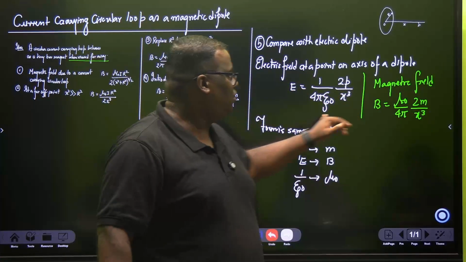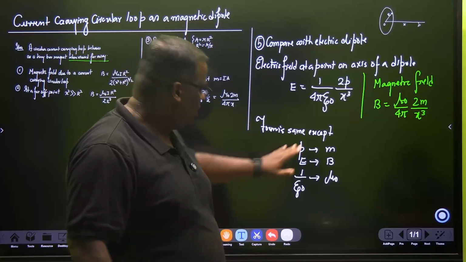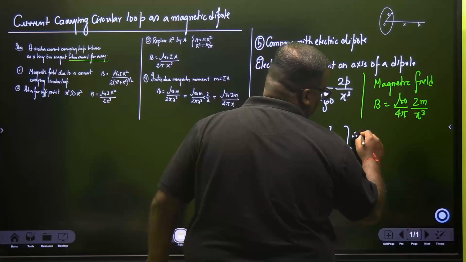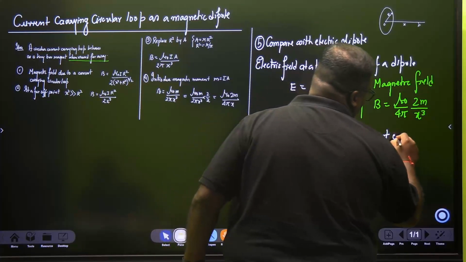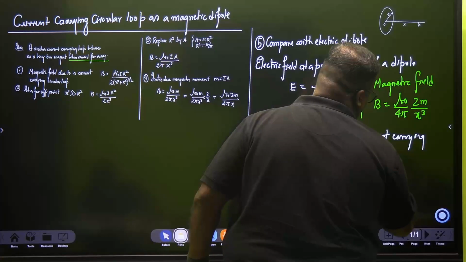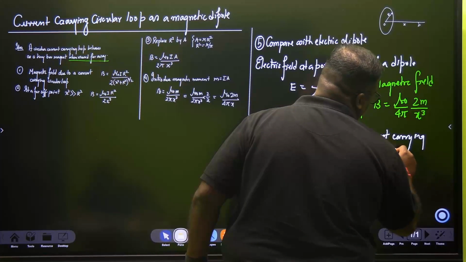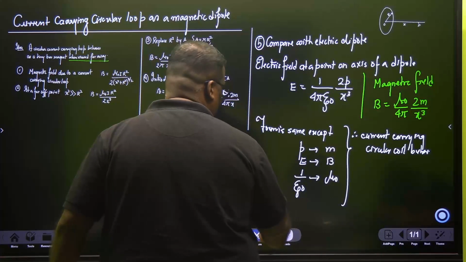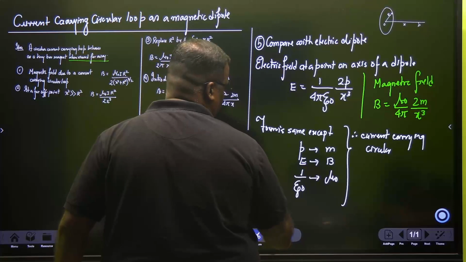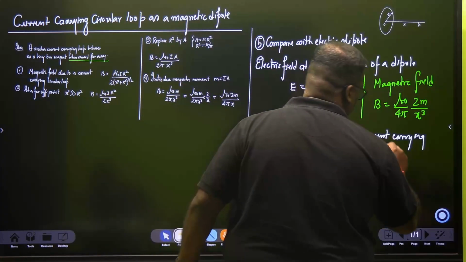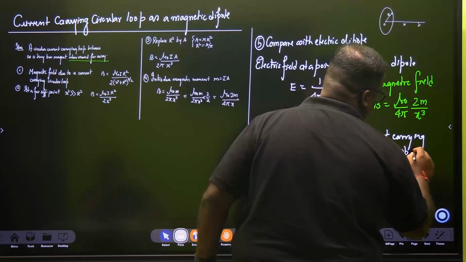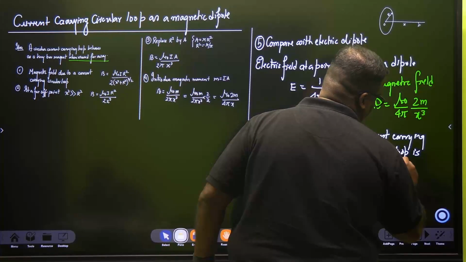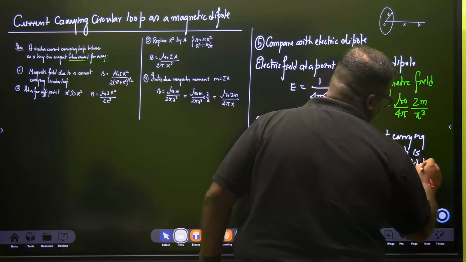Since the form of both equations is the same except for these terms, therefore you say that a current carrying circular coil, or circular loop, is a magnetic dipole.